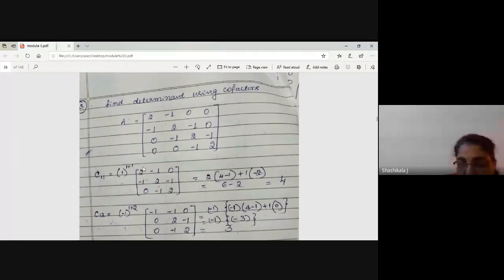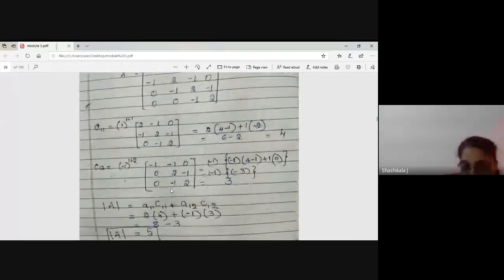Again I can split this into 2 cross 2, with the sign minus 1 to the power 1 plus 1, and then I can divide it into a 2 cross 2 matrix, leaving that row and that column. Understood? Okay, if I find any problem, I will share that with the 5 cross 5. Getting my point? The same thing, you go on splitting.